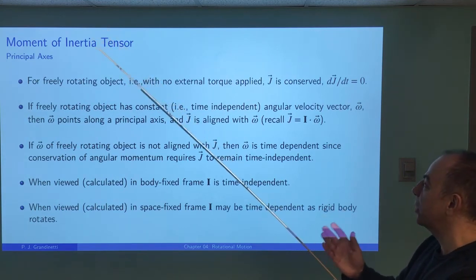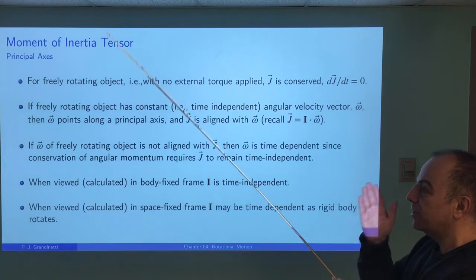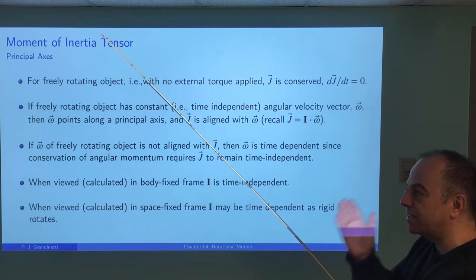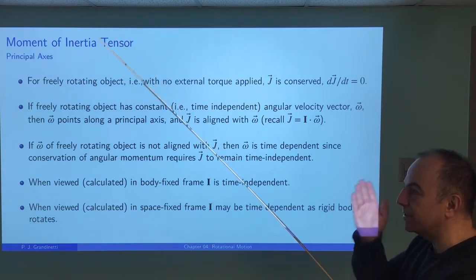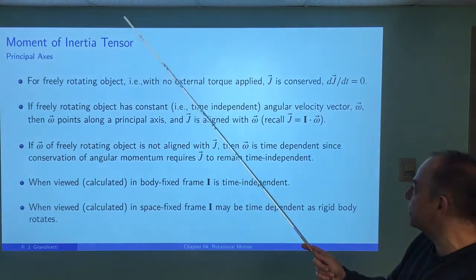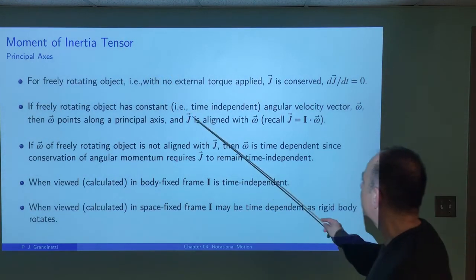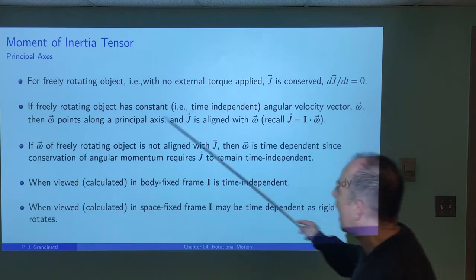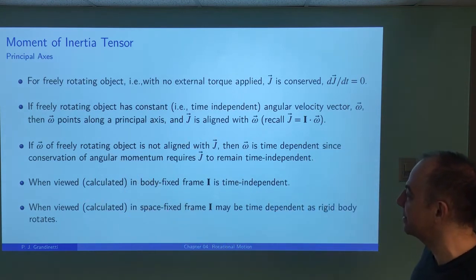J can't be changing, and if omega is not changing, then they have to be aligned with each other. So J is aligned with omega, and omega has to be pointing along a principal axis.